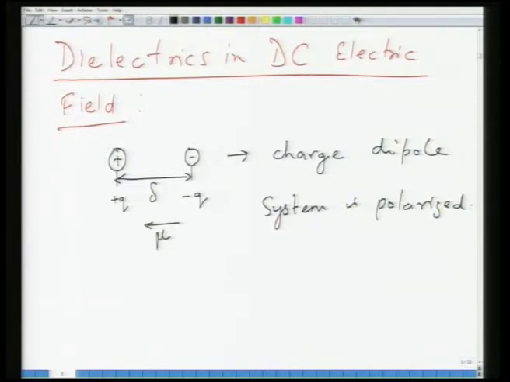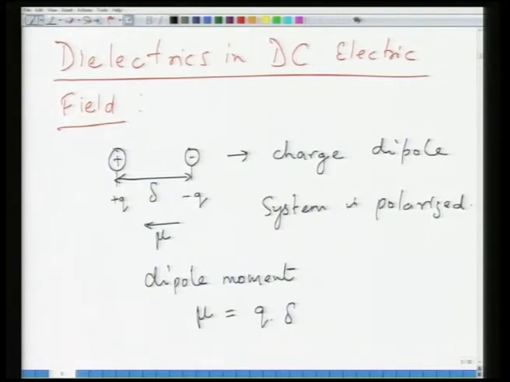So, an electric dipole, or a charge dipole, comprises two equal and opposite charges separated by a distance delta, and the resulting dipole moment is defined as mu. So, dipole moment mu is given as q dot delta, the product of the magnitude of charge with the distance. Typically, it is a vector, but in most circumstances we take it as a scalar. If you see it in vector form anywhere, do not be surprised, because it is a vector quantity.